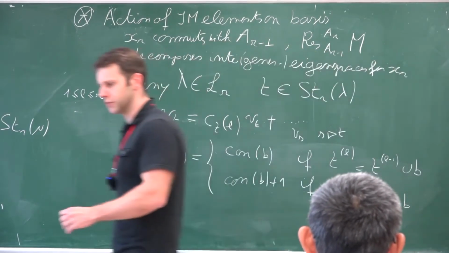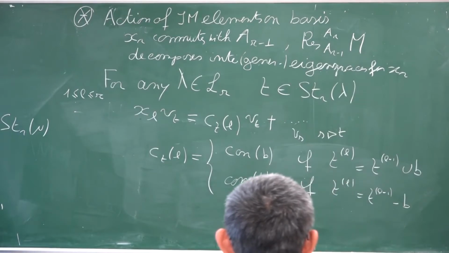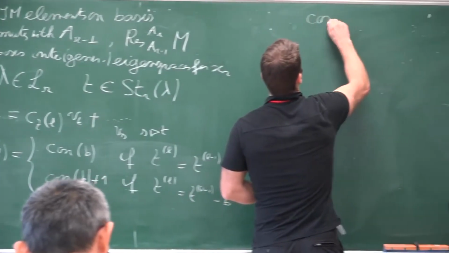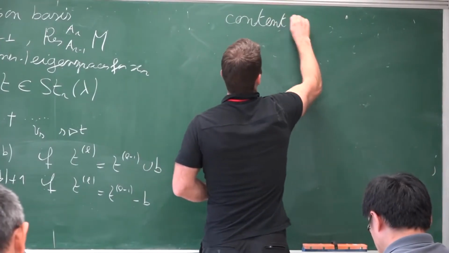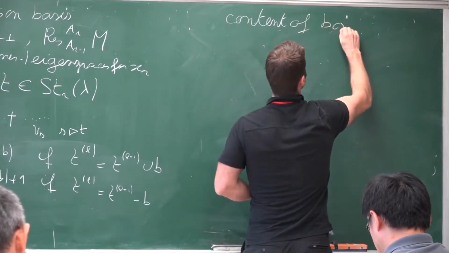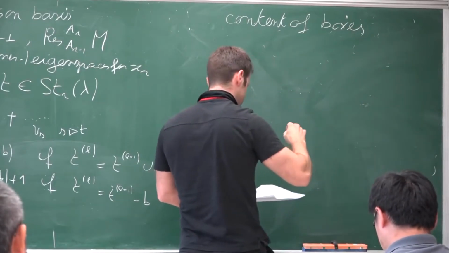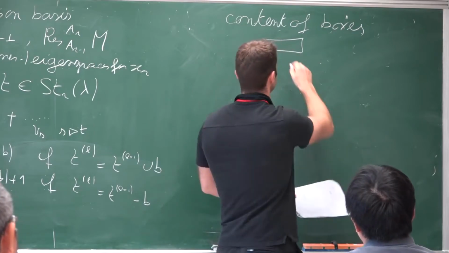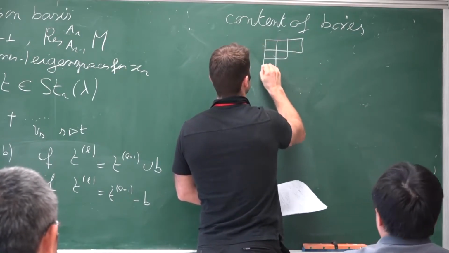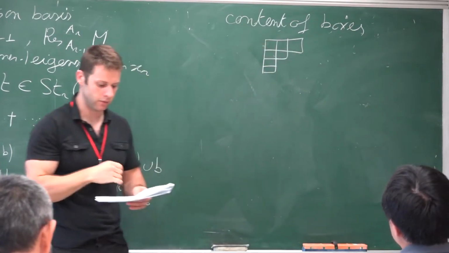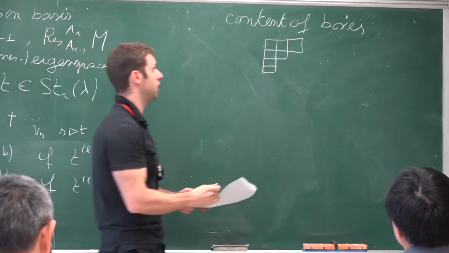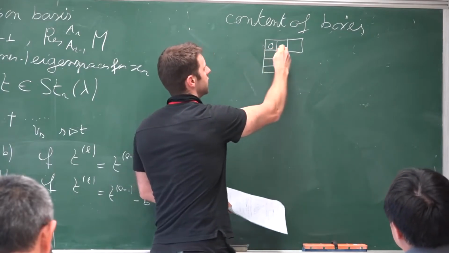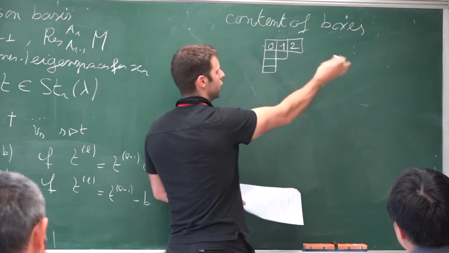And then I'll do an example to make it a bit clearer. So in any partition, or more precisely in the associated Young diagram, we have a standard content for each box, which is 0 for the first box, and then when we move to the right, we add 1.